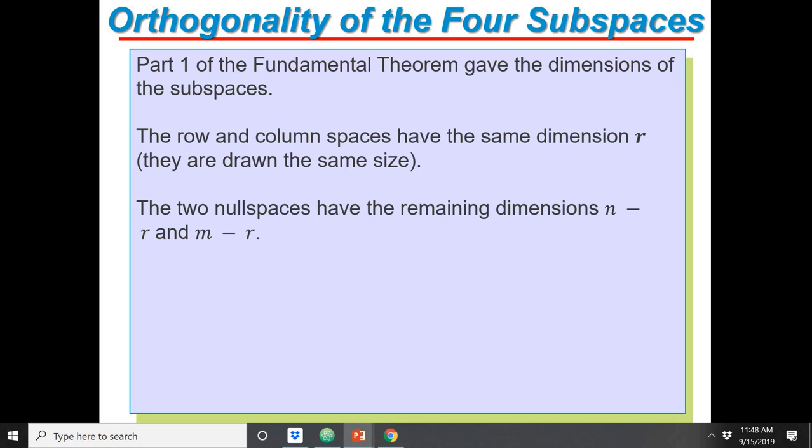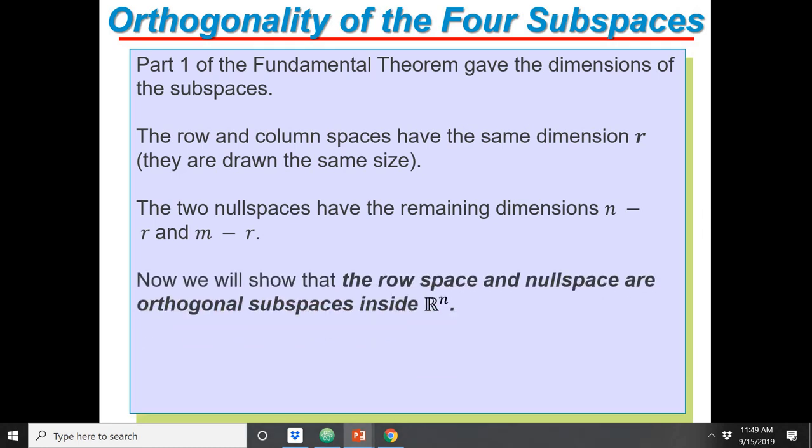If you take the null space and the row space, they give you n. So they seem to match the dimensionality of the space to which they belong, but there is nothing about orthogonality or anything like that yet.